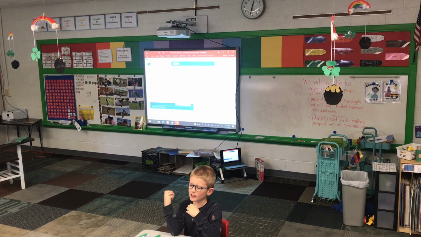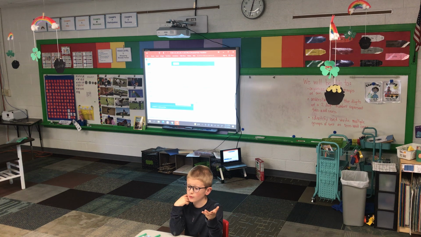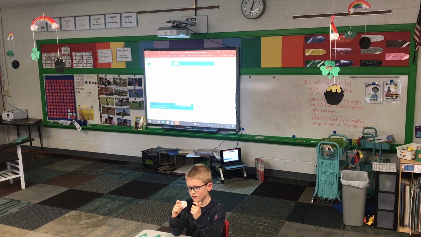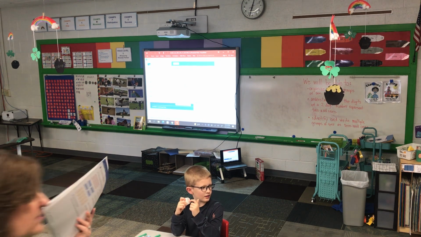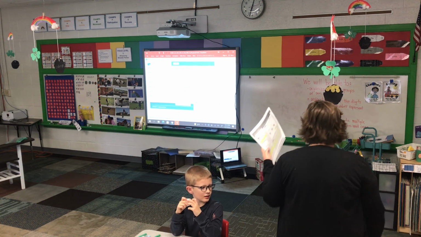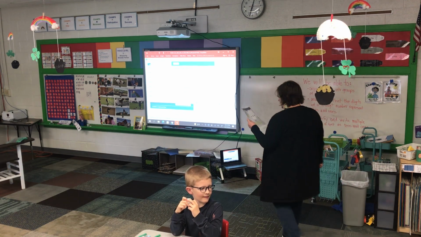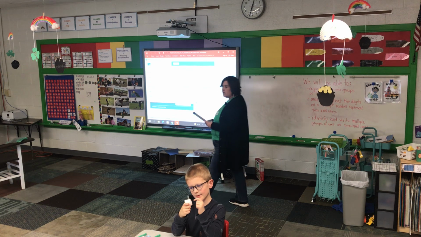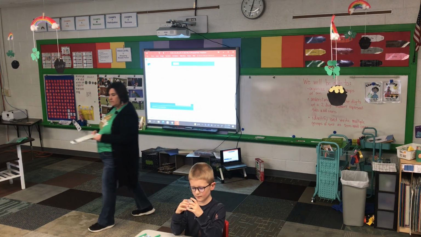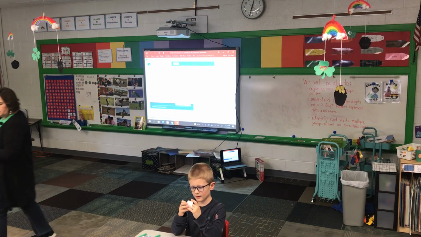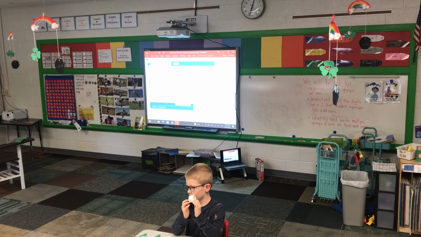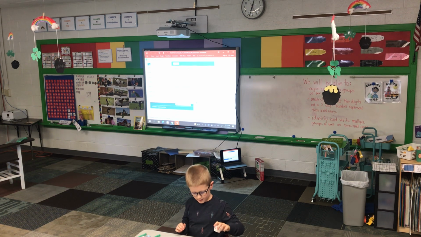Well, here's 10, and here's 10, and here's 10. How many little cubes did you have? You were supposed to count them. Did you count them? Right. Does everybody have their blanks filled in? Yeah. All of them? No, just the 2 at the top.